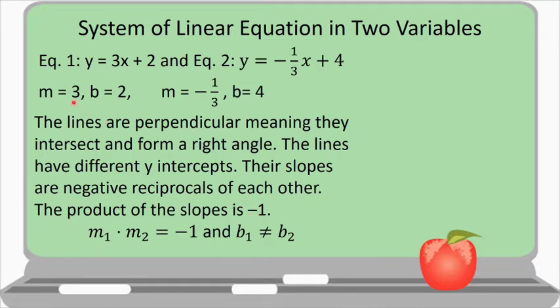We have here 3, and the negative reciprocal of 3 is negative 1/3. If we multiply 3 by negative 1/3, it is equal to negative 1.